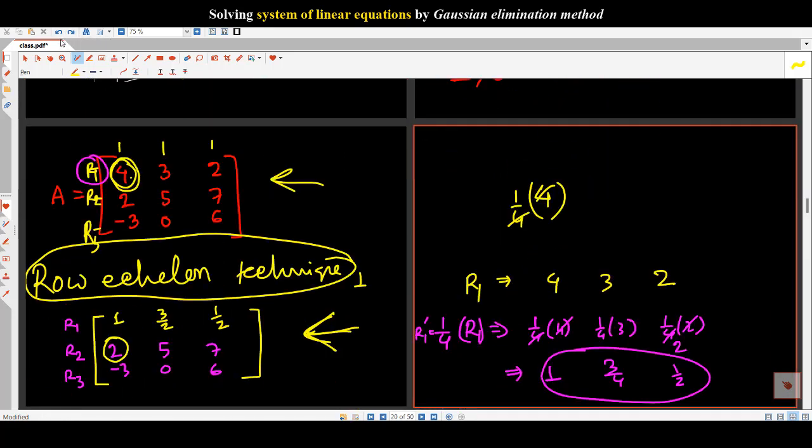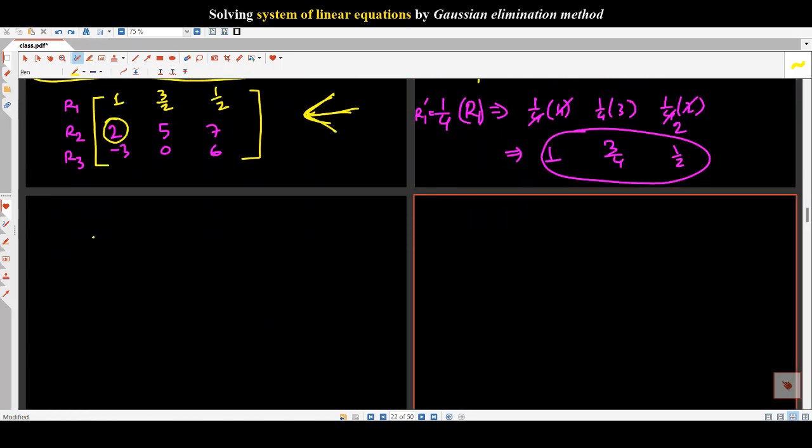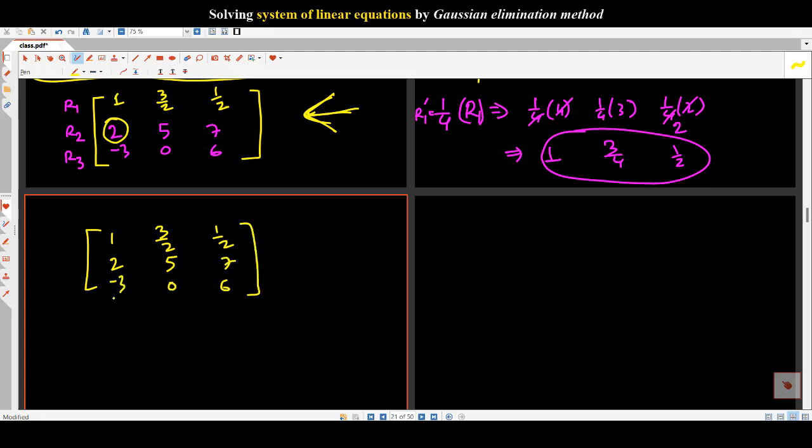I will describe here. You can see that here we have 1, 3 by 2, 1 by 2, 2, 5, 7, minus 3, 0, 6. So we have this matrix. Now my focus is on here. If we think about the diagonal, this is the leading entry, this is the leading entry, this is the leading entry.